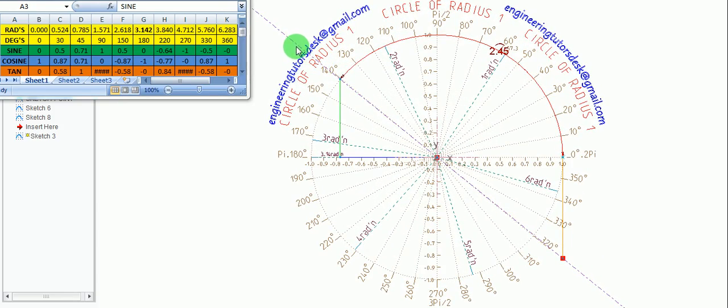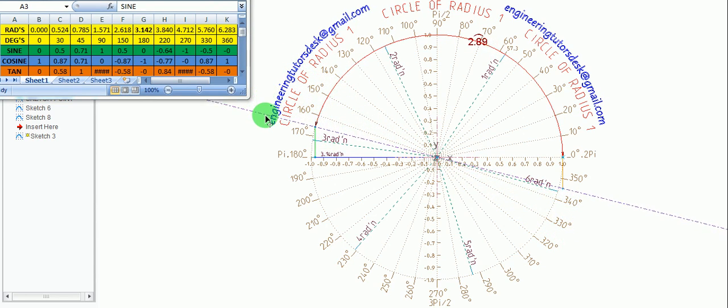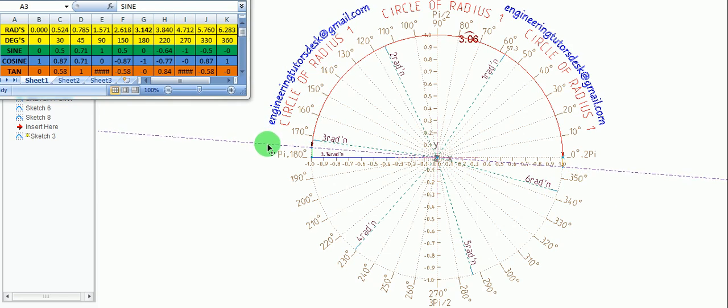You can observe here, this is the only possible intersection with an infinite construction line for the tangent. And when we reach 180 degrees, the tan will take the value equal to 0, which means the height of the tan cannot be measured.